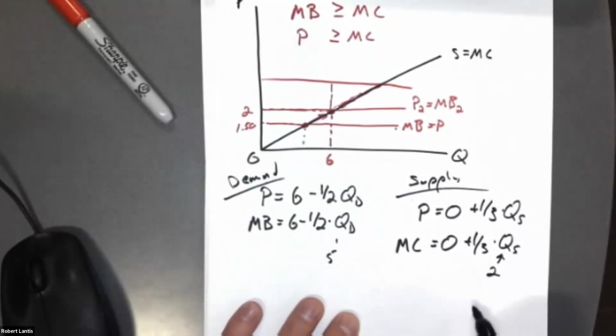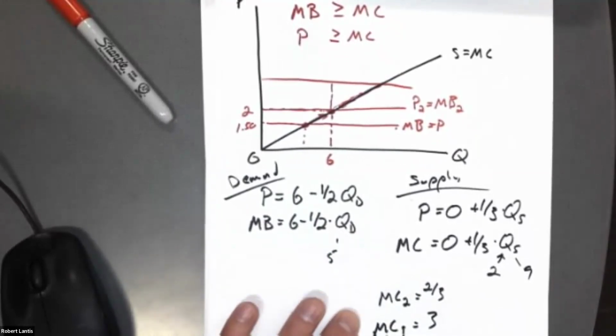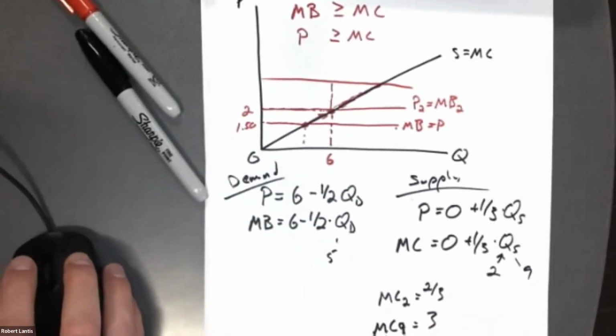Just plug in a 2 into that quantity, and I get the marginal cost of my second unit is what? 2/3. What about the cost of the ninth unit? Plug in a 9 into quantity, and I get the marginal cost of the ninth unit would be 3. And then I could do that for any quantity that I'm interested in. This was supposed to be a 9. Okay? So similar idea, just from a different perspective now, the producer.